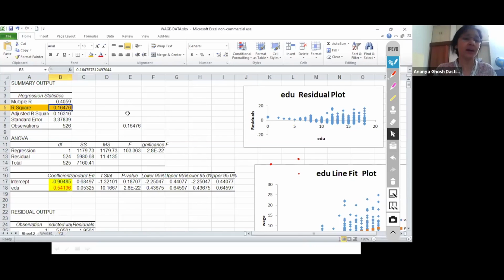All of those things have a bearing on what determines how wages vary with education. So understandably in this model, our R squared, which is a measure of goodness of fit, is not too high. So don't worry about it, but it is giving you a verdict on the model.